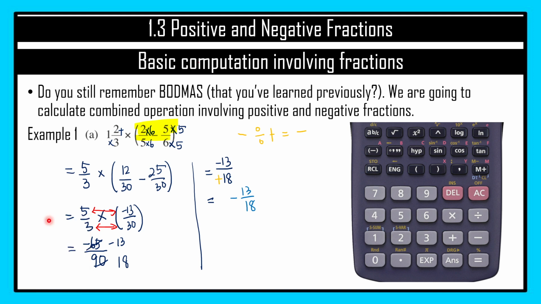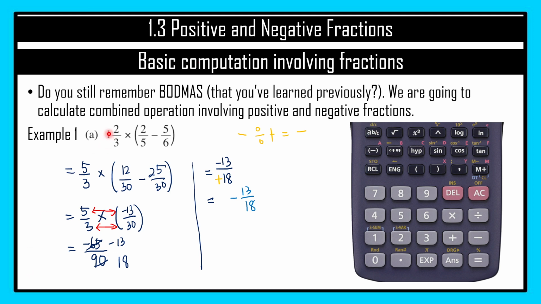Now, how do you use calculator to check your answer? Let me erase that one first, the marking that I did just now. Alright, remember this button. This button we are going to use whenever it involves fraction. So in order for us to enter 1 2 over 3 into the calculator, you will need to press this button twice.